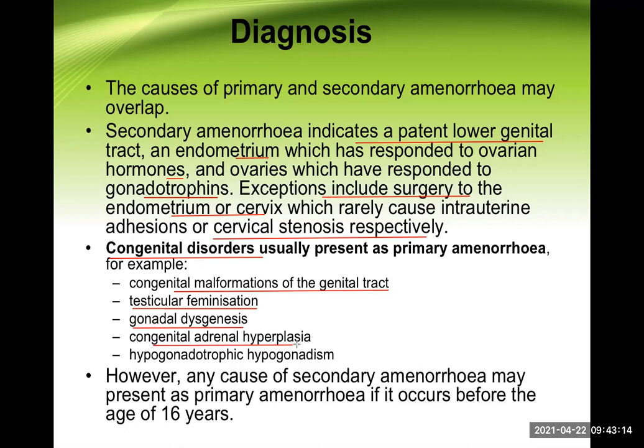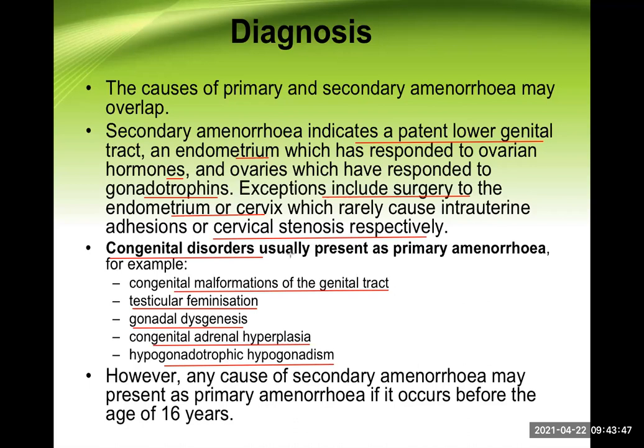Congenital adrenal hyperplasia is a very important cause of female pseudohermaphroditism. Why female pseudohermaphroditism? Because the genetic sex is female, and the external appearance is like a male. This is CAH. And hypogonadotropic hypogonadism is Kallmann syndrome, because the hypothalamus is not working properly.